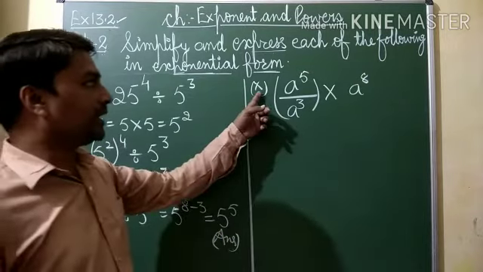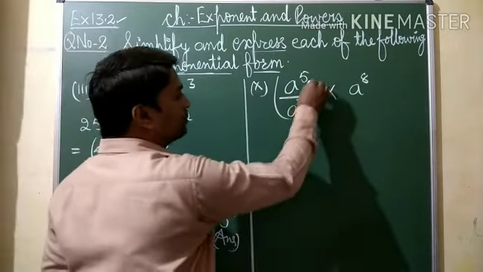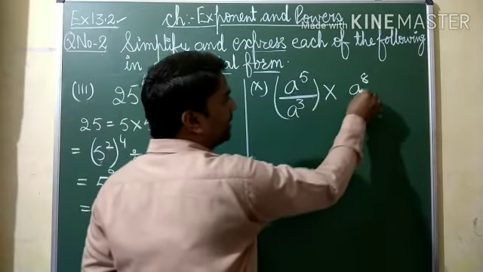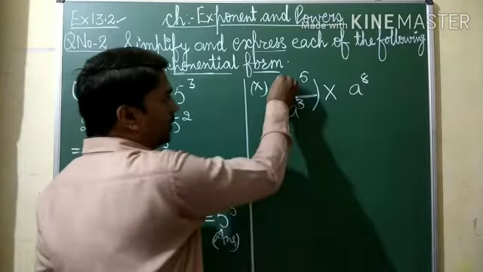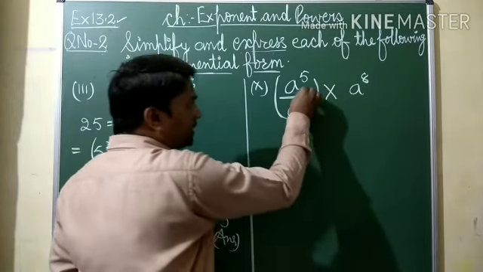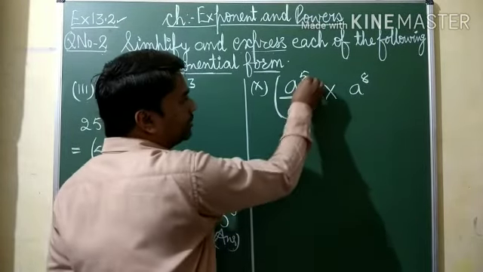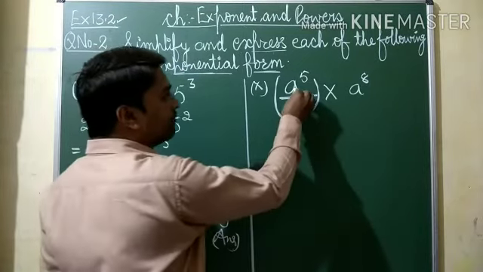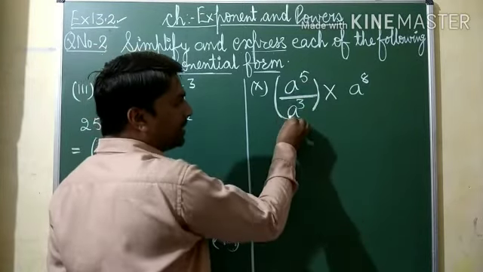Next is question number 10: a raised to 5 divided by a raised to 3 multiplied by a raised to 8. Now here in this case we can see that a raised to 5 divided by a raised to 3 is the case of dividing powers with the same base a.